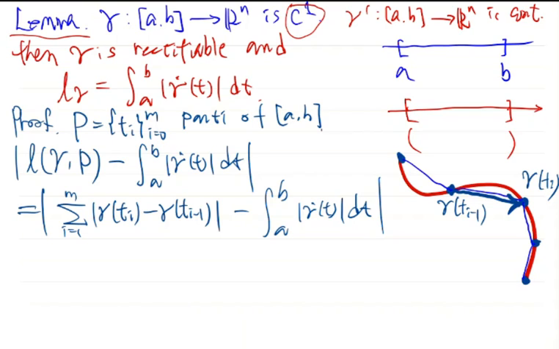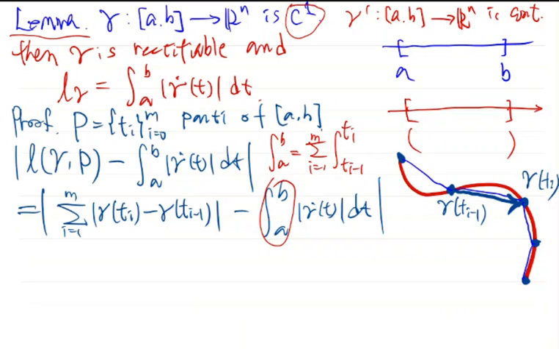How to estimate this? Obviously, we can divide the integral into pieces. We use this fact: [a, b] equals the union of the intervals [t_{i-1}, t_i].